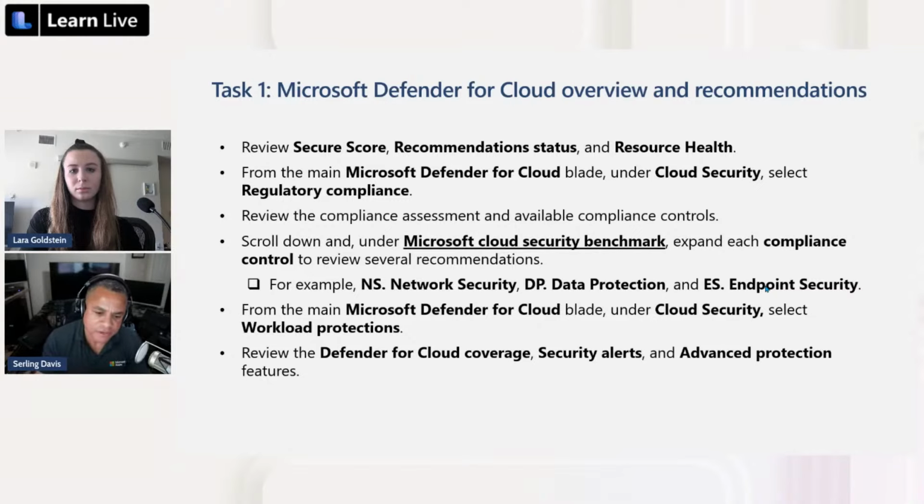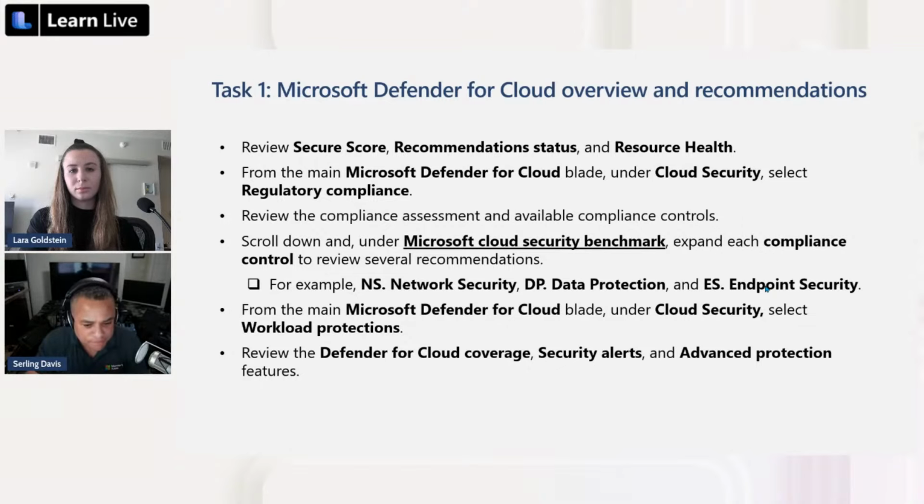And again, that's just to give you an example of the underlying compliance recommendations associated with that network control. So the compliance control overall would be Microsoft Cloud Security Benchmark. Then you have a measure of compliance controls to expand and get more data on, such as I mentioned before, network security and so on and so forth.